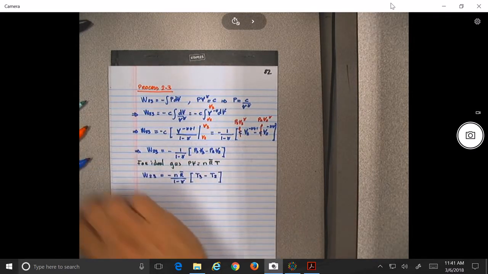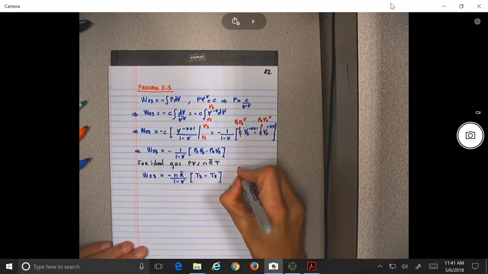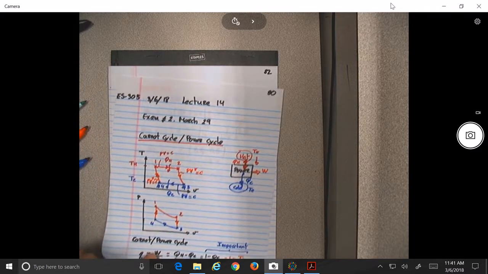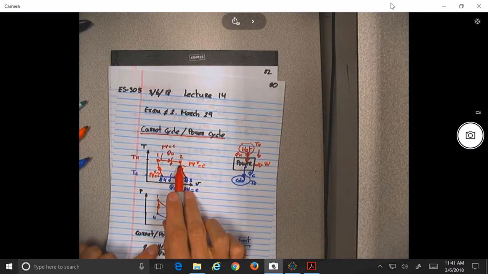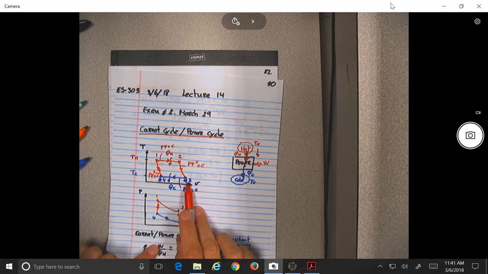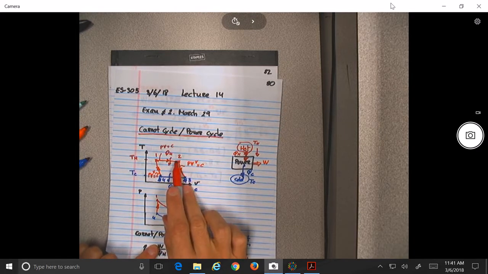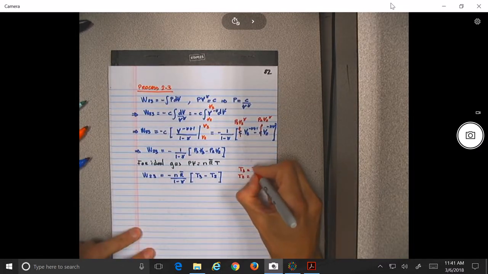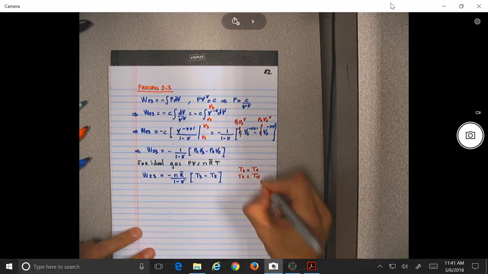But what do we know? T3 is what temperature? T3 is the cold, no? And T2 is the hot. Everything comes from the figure. Alright? So T3 is the cold. This is the hot.